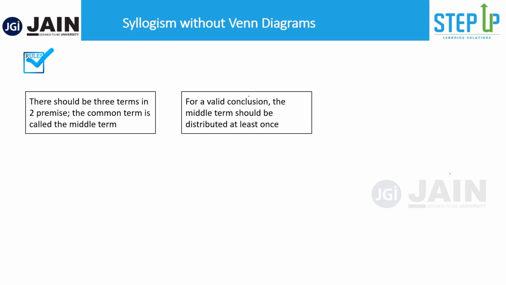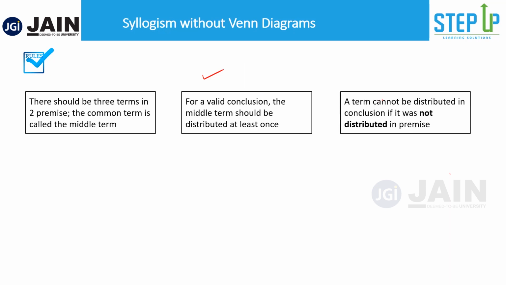Distribution we know will be represented by a tick. That means if your middle term appears twice, and both times the format is such that it is not distributed, it's a cross, you cannot draw a conclusion. A term cannot be distributed in the conclusion if it was not distributed in the premise. For example, if there are 2 statements and finally you have some conclusion, and you have to say whether this can be drawn or not.